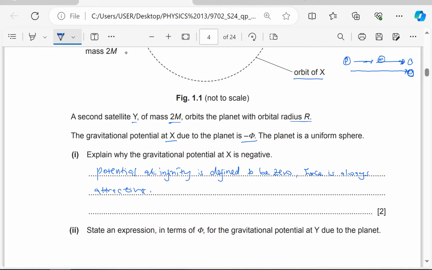So work is done on the two masses in moving them.